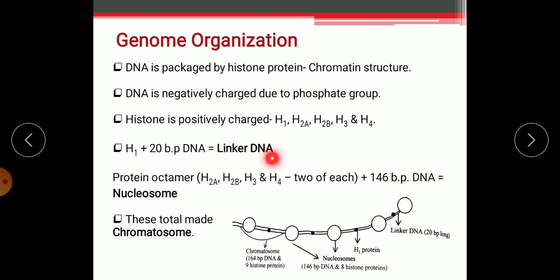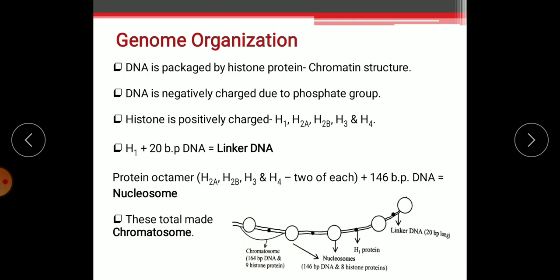So linker DNA plus nucleosome means there are 8 histone proteins and 1 histone protein, so a total of 9 histone proteins, and 146 base pairs of DNA and 20 base pairs of DNA, so near about 166 base pairs of DNA. This totally makes the chromatosome.